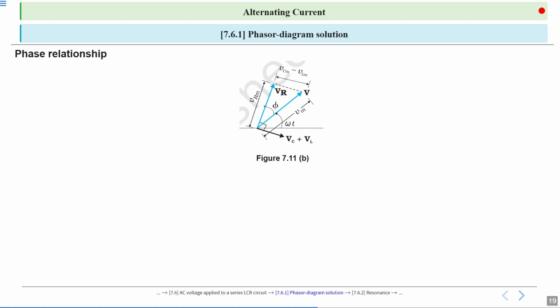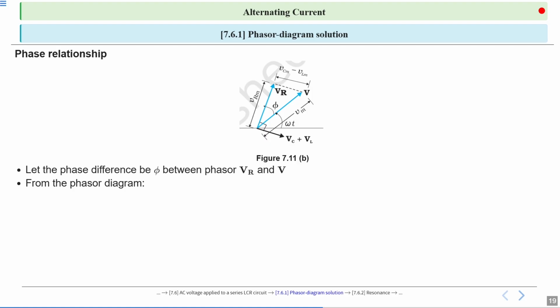And VRm has amplitude Im into R. So Im will be cancelled out from all the terms, and it becomes like impedance. After taking the Pythagoras theorem, that is why they are represented in terms of impedance in the impedance diagram.